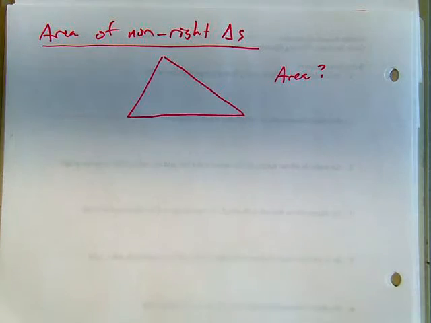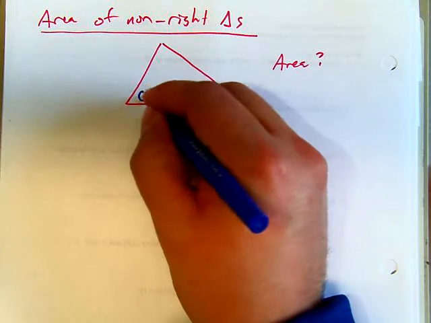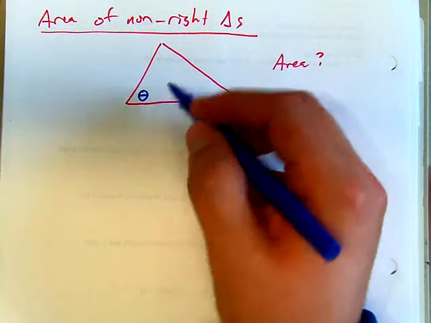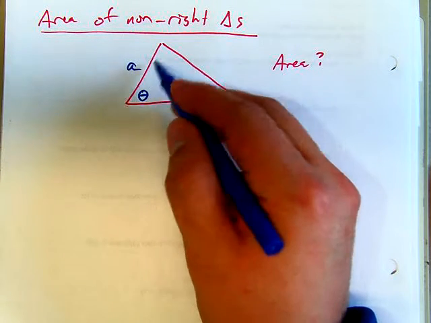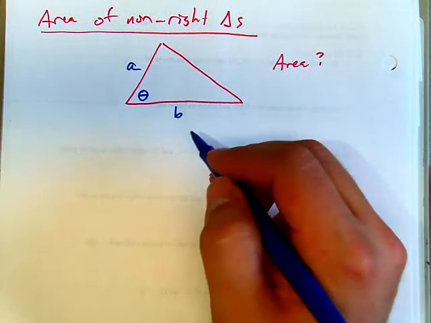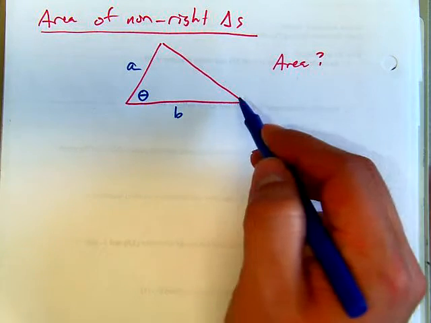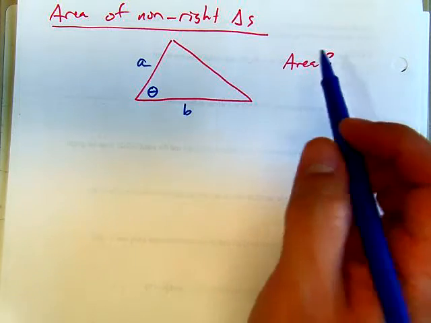Okay, well, let's say that we have this angle given to us, and we know this side adjacent is A, and the other side adjacent to the angle is B. Okay, so we have this given information, and we want to know what the area for the triangle is.